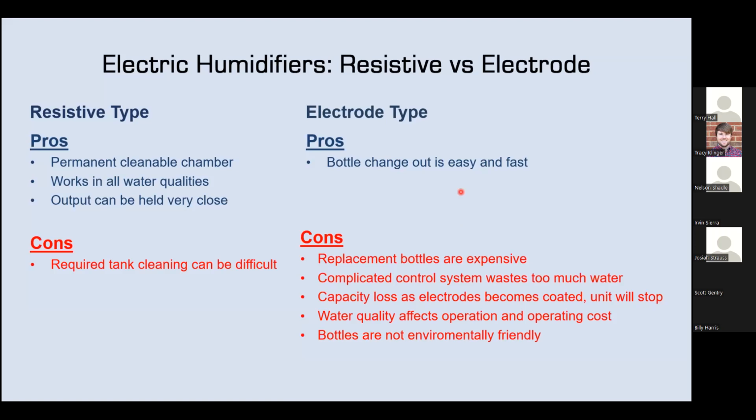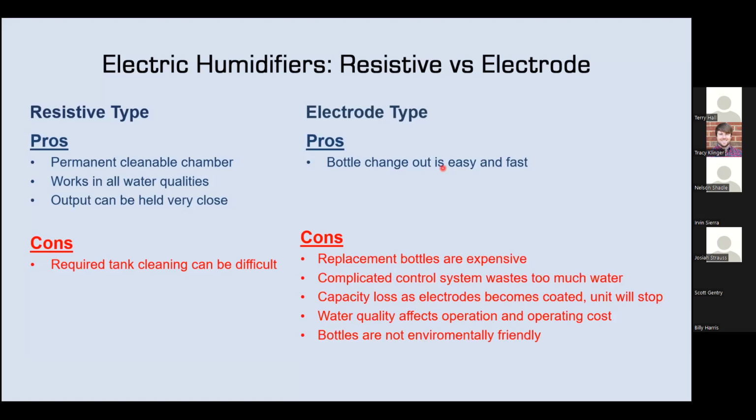So if you need to replace an electrode unit, you can put on a resistive type. Kilowatt per kilowatt, it's the same amount of steam being produced. On electric humidifiers, generally we go to about 100 kilowatts, and that's across manufacturers, to make about 300 pounds per hour. So our largest is 100 kilowatts.